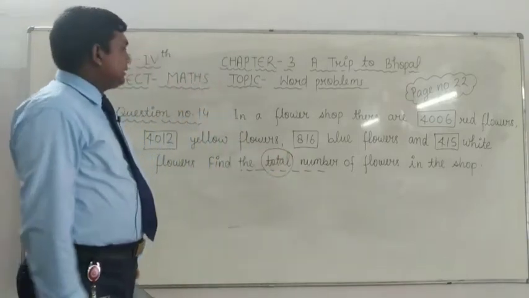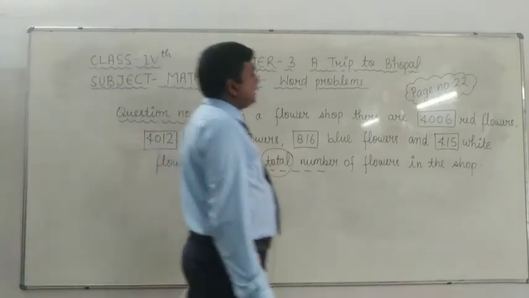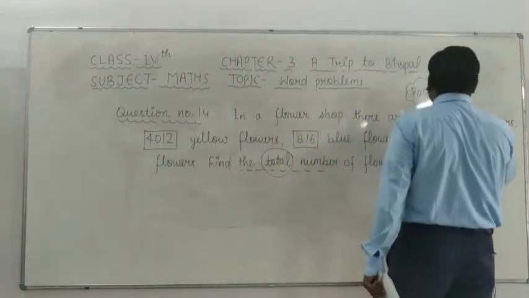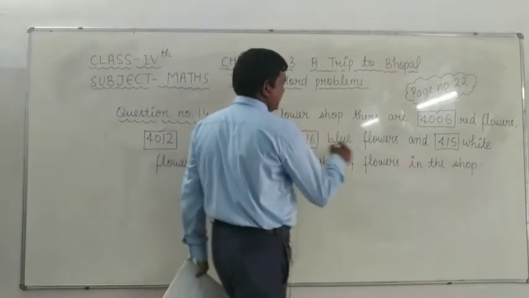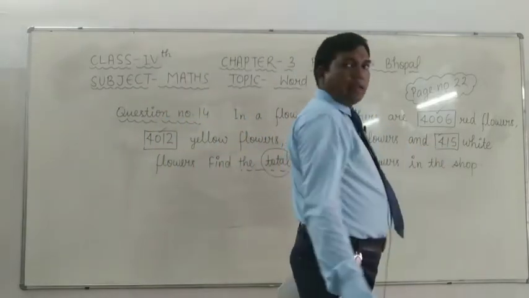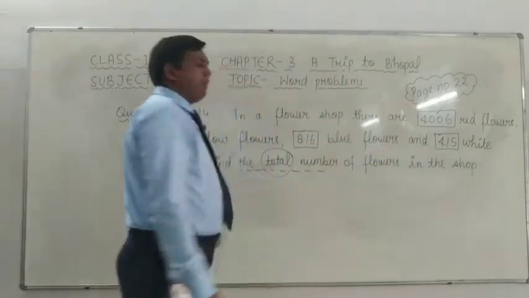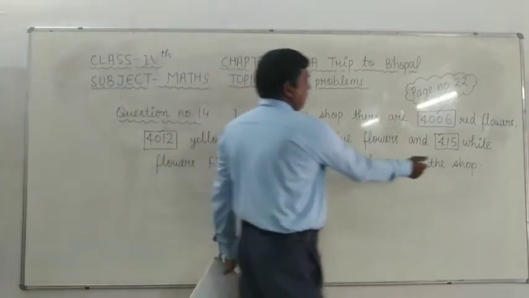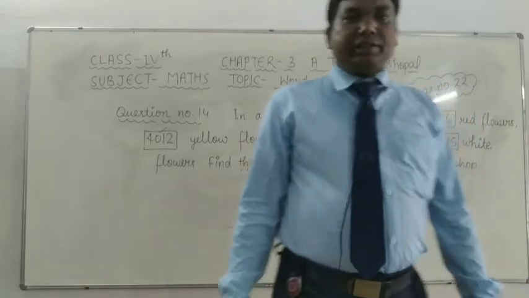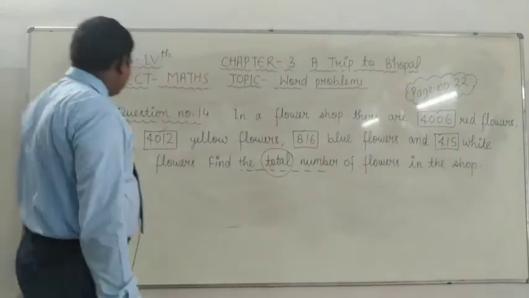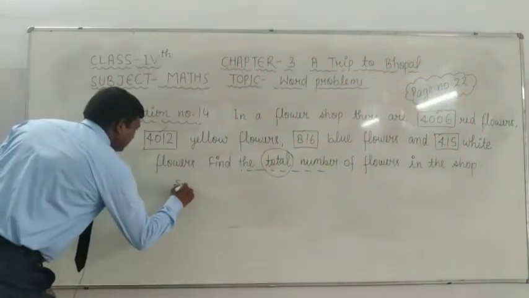It means that in this question we have to add this and this. After adding these, we get the total number of flowers in the shop. Understand? Now let's start the solution of question number 14.